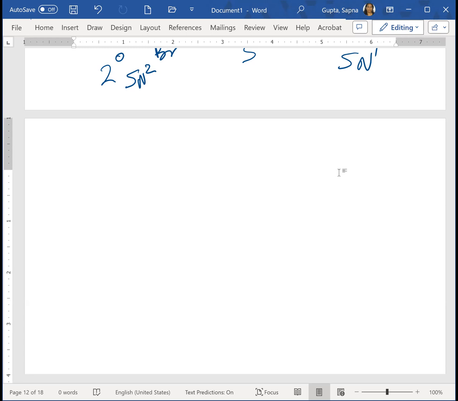And what are the different factors that affect SN1 and SN2? But when we get into the exceptions, that's when the problems really start coming in. And that's when you really have to think, I can't memorize this. I have to work my way through this, and not just have an answer just like that.